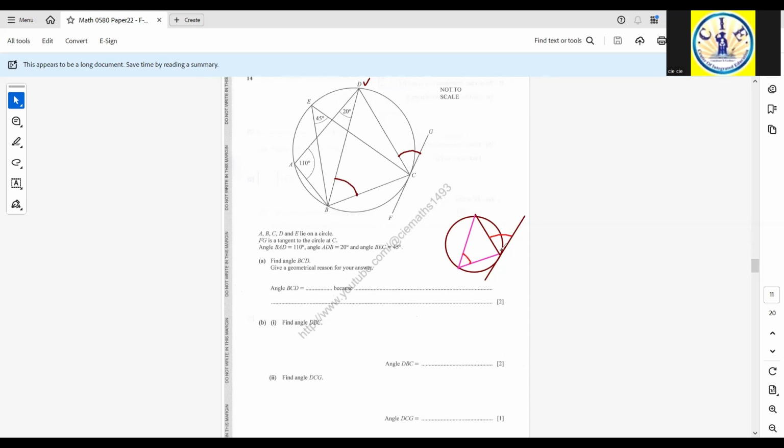These two angles are equal. So we calculated in the previous part that this angle is 65 degrees. So that means this angle has to be 65 degrees as well.